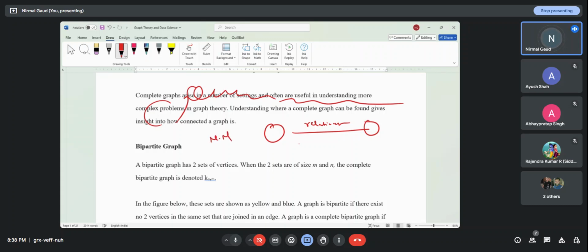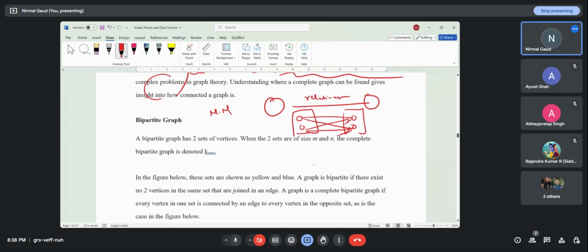We connect every neuron of one layer to every neuron of another layer. For example, if there are two neurons in layer 1 and two neurons in layer 2, we connect this neuron to this also, and this neuron to this also. The same thing happens in a complete graph, every to every connection. We are only trying to identify relationships.